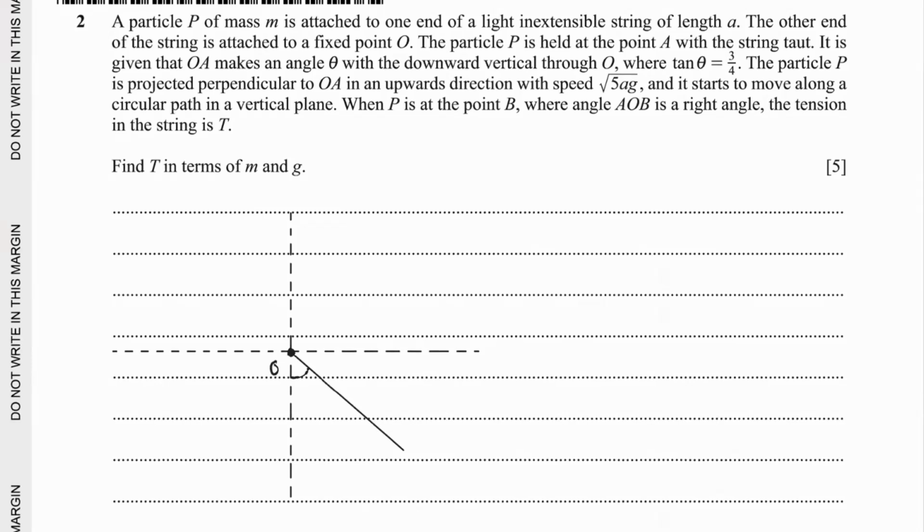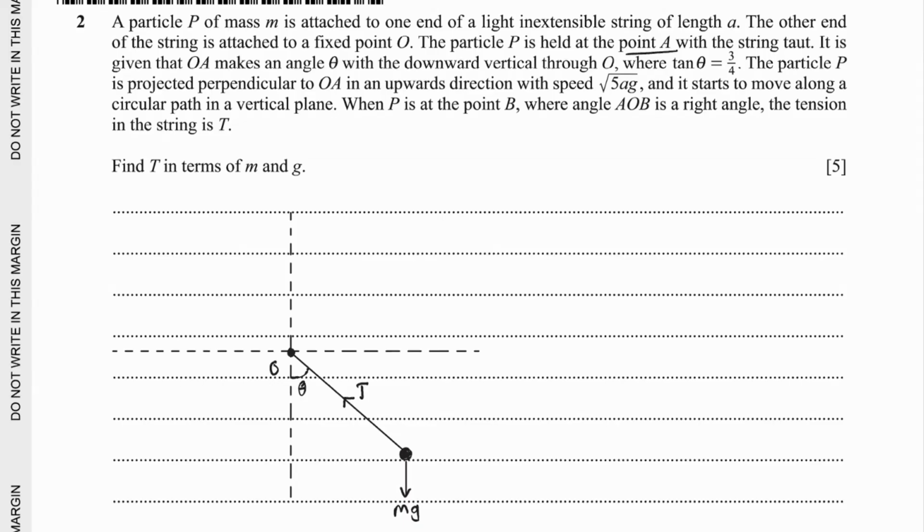So this is theta, and there's a particle attached at the other end like this, and the mass of the particle is m. So we have here mg. All right. We also know that there's going to be tension in the string, so T here. Right. So that's the particle P held at the point A.